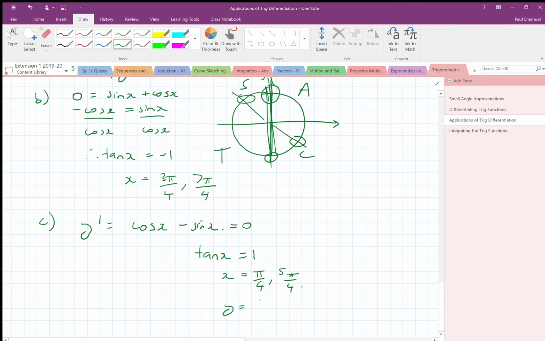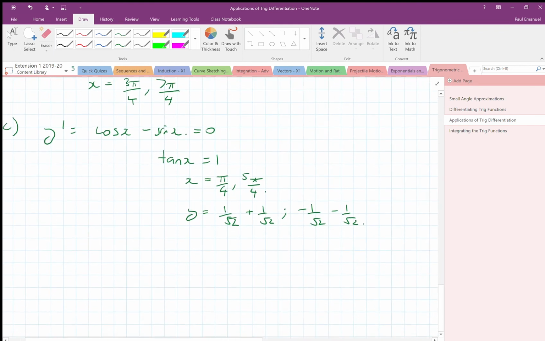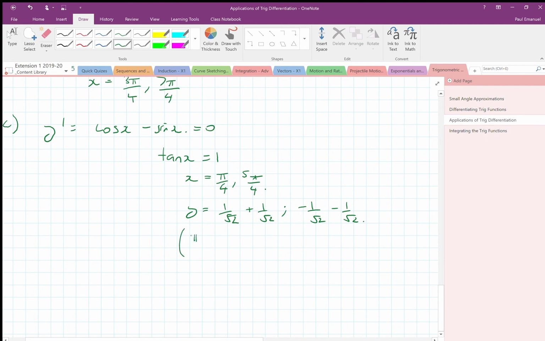And in those cases, y is 1 on root 2 plus 1 on root 2, and negative 1 on root 2, negative 1 on root 2, respectively. So the stationary points are pi over 4, 2 over root 2, which is just root 2, and 5 pi over 4, and negative root 2.